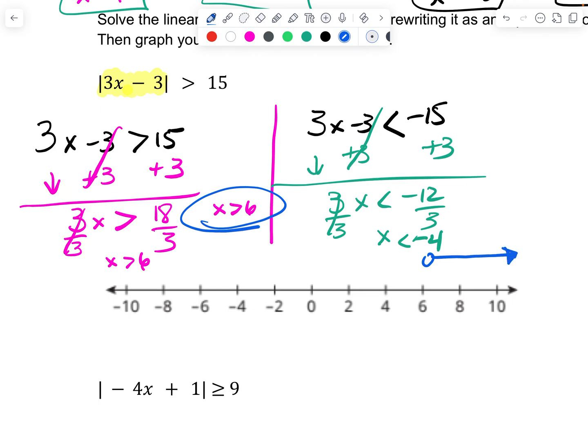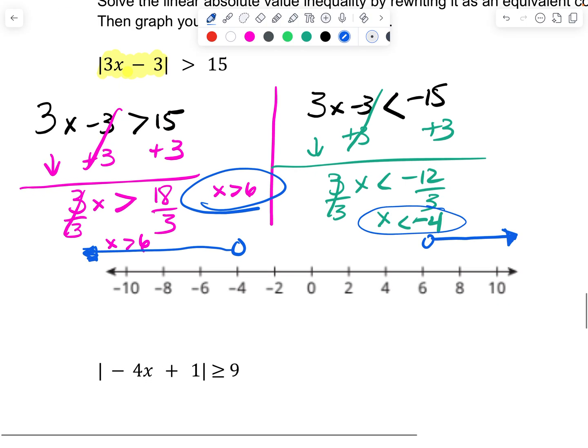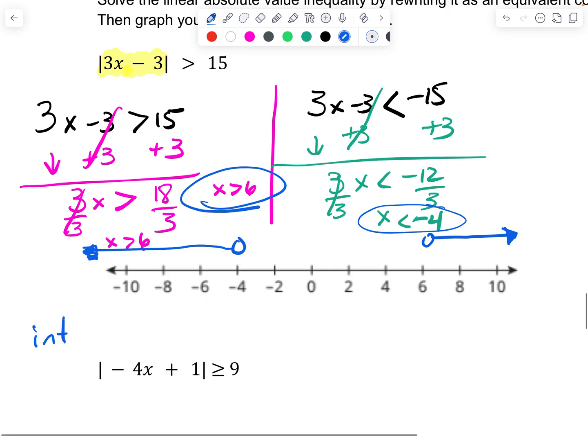Then I'm going to graph this part right here. So you go to -4, open circle, and you shade this. Well, let me use a different color. So then we're going to use an open circle, and it's less than -4, so you shade this way. And there's your answer.